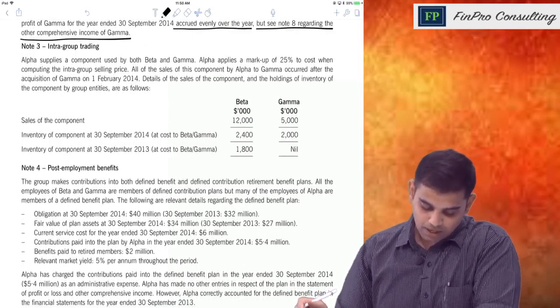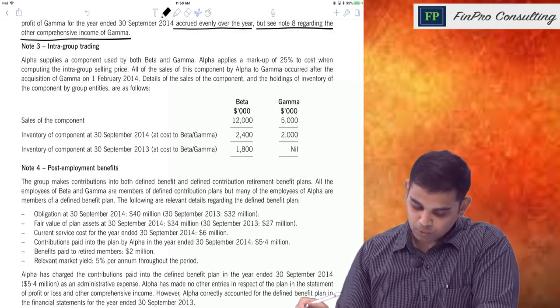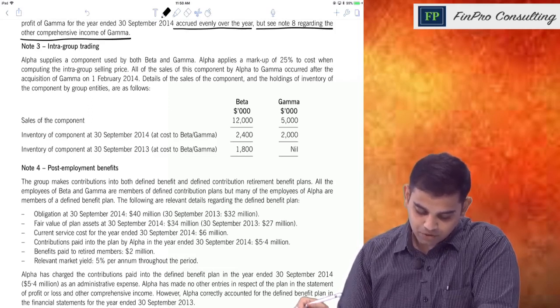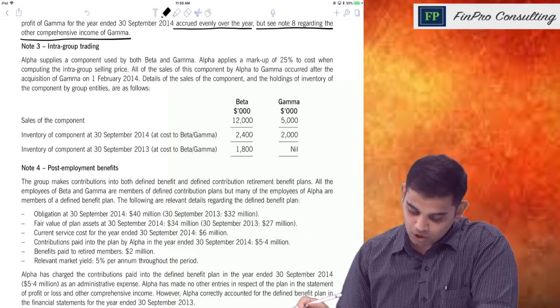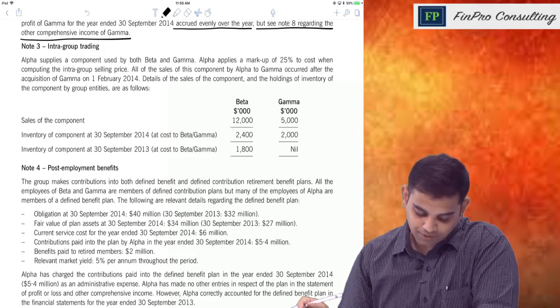Note 3. Alpha supplies a component used by both Beta and Gamma. Alpha applies a markup of 25% to cost when computing intragroup selling price. All of the sales of this component by Alpha to Gamma occurred after the acquisition of Gamma on 1st February 2014. Details of the sales components and the holdings of the inventory of the component by group entity are as follows.